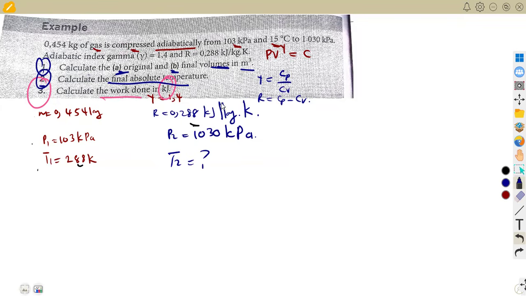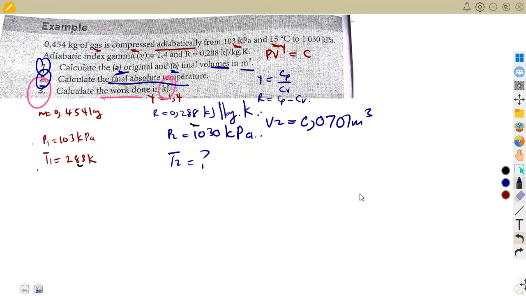I just calculated the volume, which was 0.0707 cubic meters, so I can trace back.